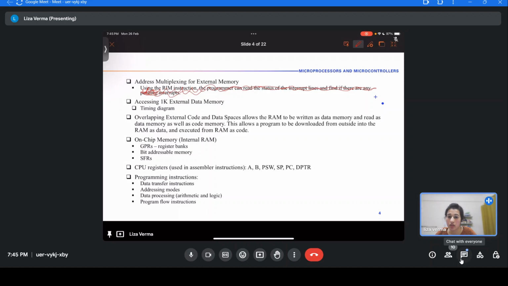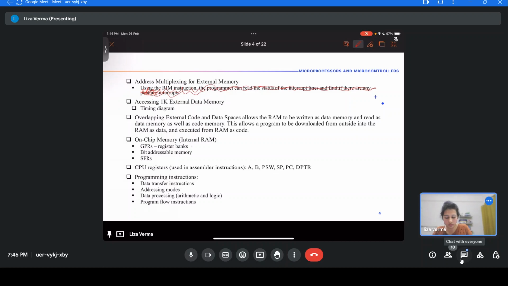Then we have on-chip memory. On-chip memory is divided into three or I guess four parts. I don't remember, I've written three here. So general purpose registers, which are register banks. How many register banks are there?